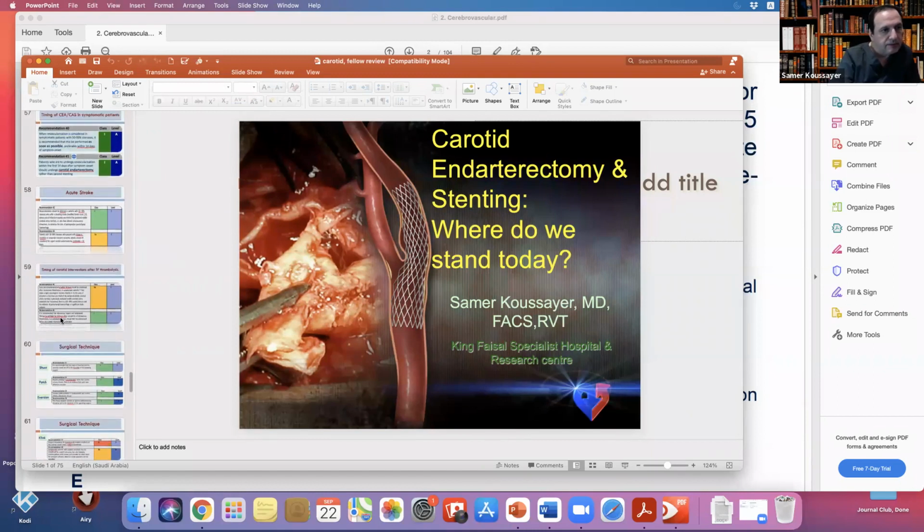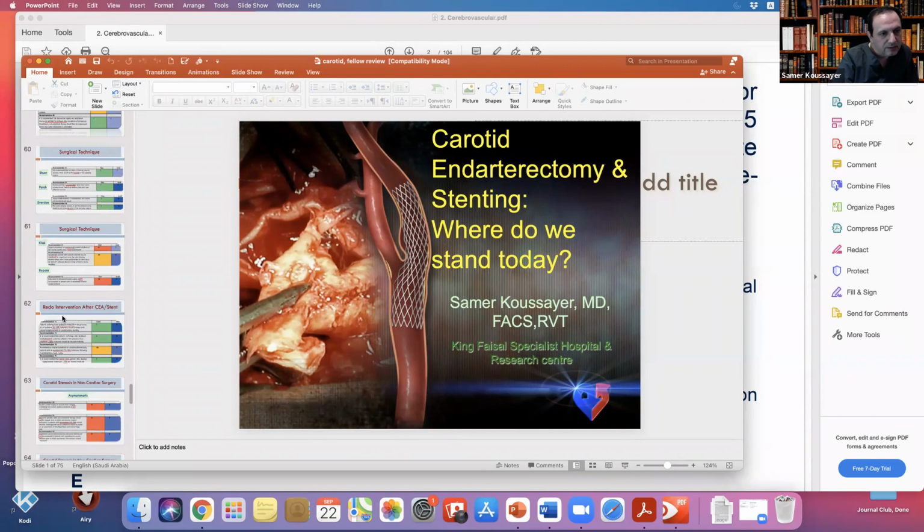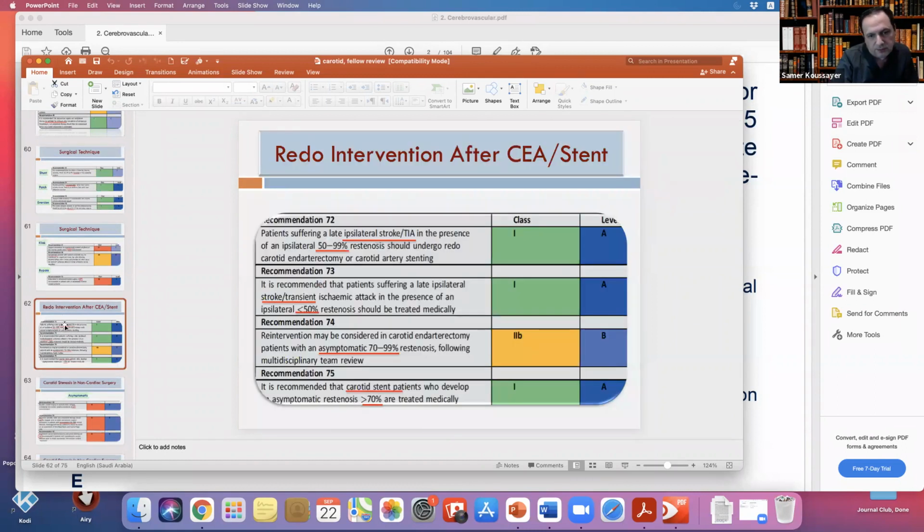Let's look at redo. Where's our redo? Surgical technique, surgical, here after redo. This is what they said for re-intervention after carotid endarterectomy or stenting. If you have symptoms and you have 50 to 99% stenosis, then you have to redo the carotid or re-stent it.